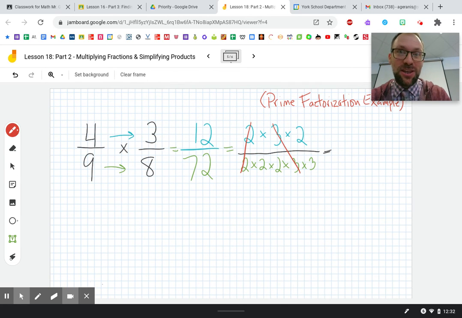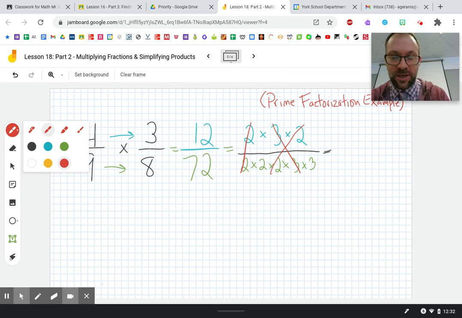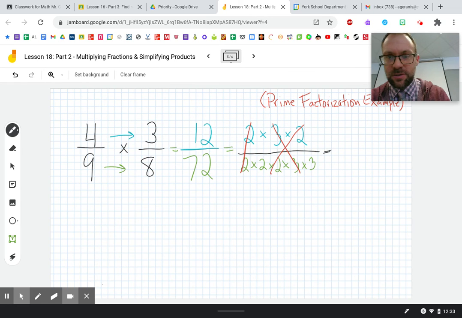If you saw that, thank you for shouting so loudly. 2 and 2 cross out. So now we're left with only 1 on top because everything was crossed out. So we're left with 1 on top and 2 times 3 on the bottom, and that is 6. 1/6.